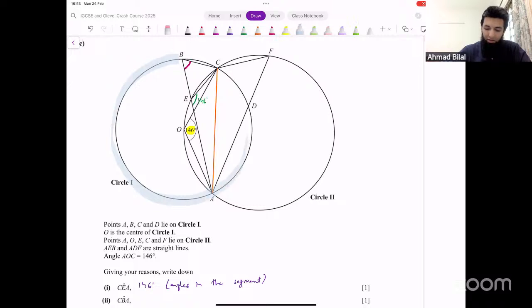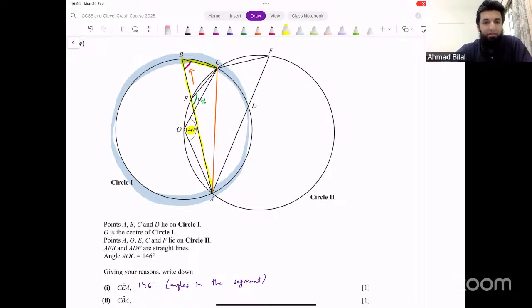Now, what do we know about this circle? The point O is the center of the circle. Now, the same chord CA is making an angle at the center, which is 146. And that same chord is making an angle at the circumference of the circle. It's that same chord that's making this angle at the circumference.